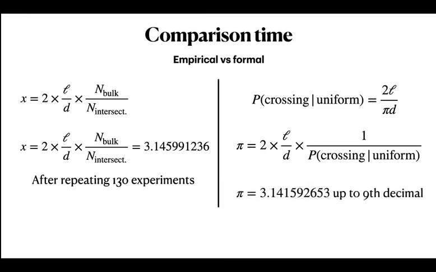In particular, if we stop at the 9th decimal, these are the exact digits for pi: 3.141592653. So we see that with the two different things we've done, we got on the left something that looks like an estimate of pi, which is in agreement with what we've got on the right, up to the first two decimals.